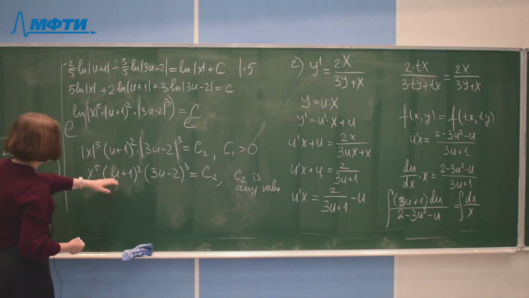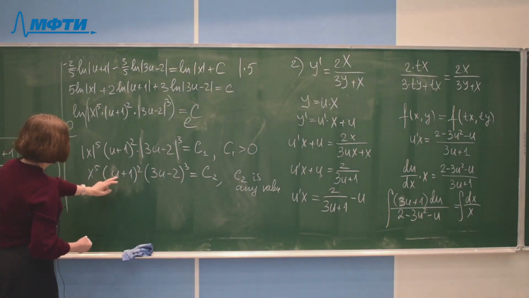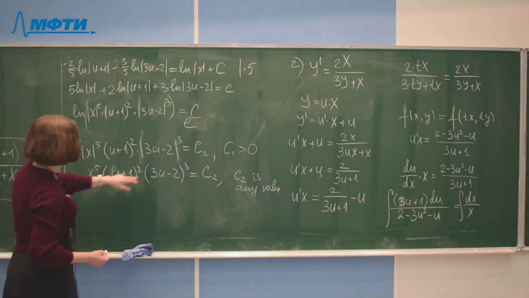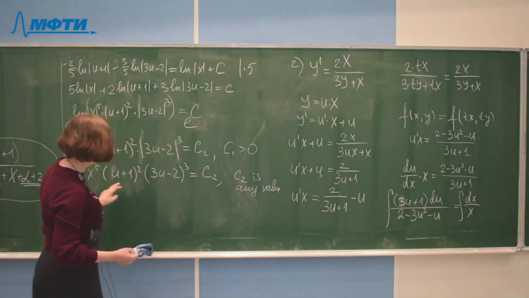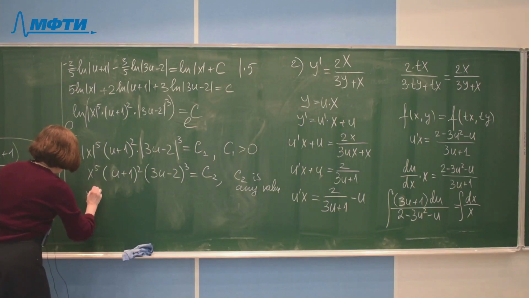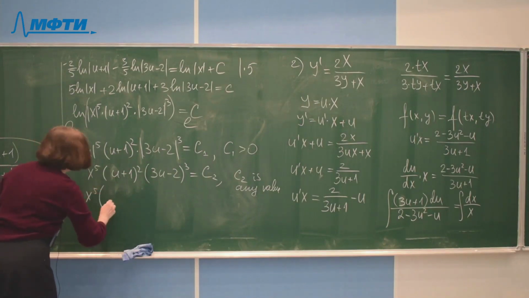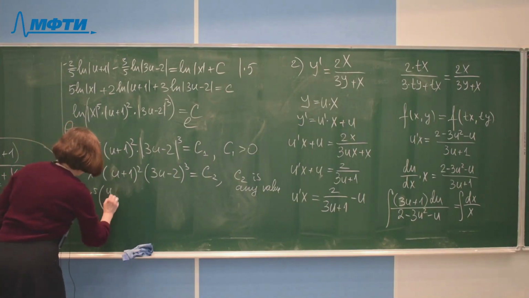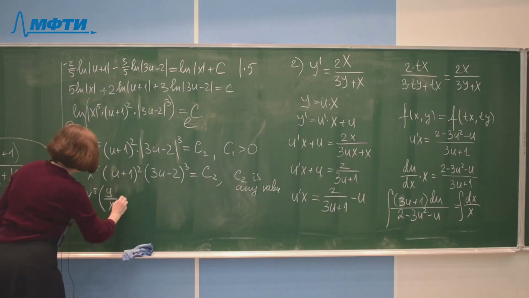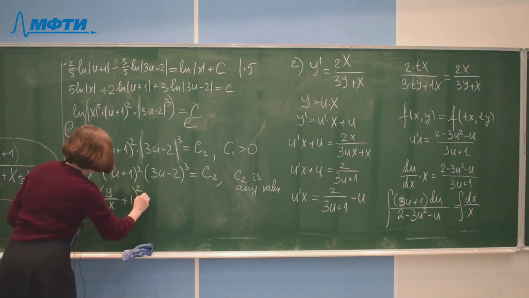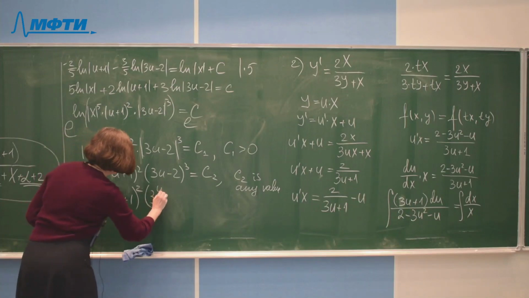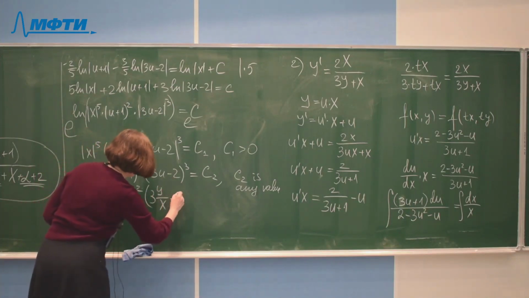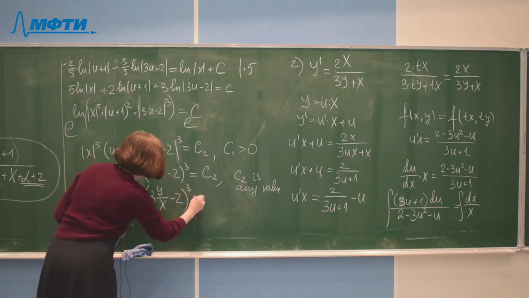Next, let's make a back substitution. So let's substitute the ratio y over x for u. So it will be x to 5, then (y capital over x capital plus 1) squared, (y capital over x capital minus 2) cubed equals c2.